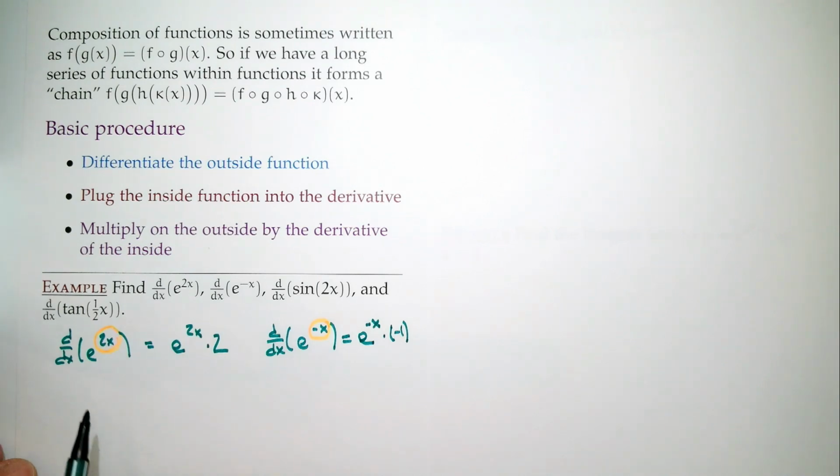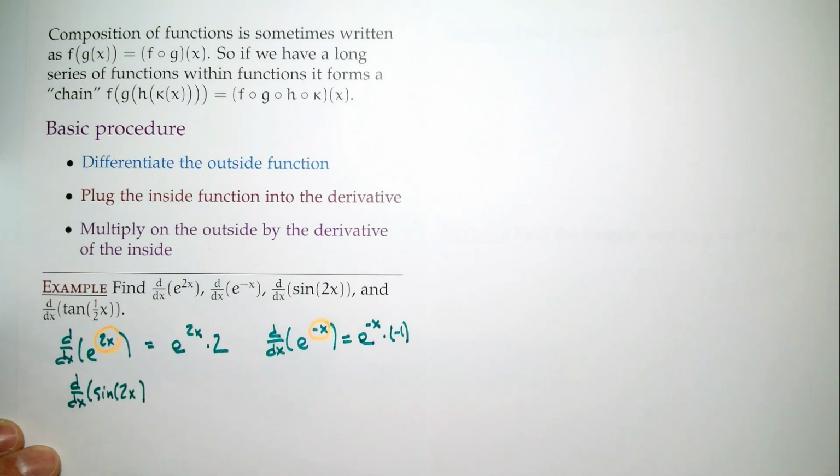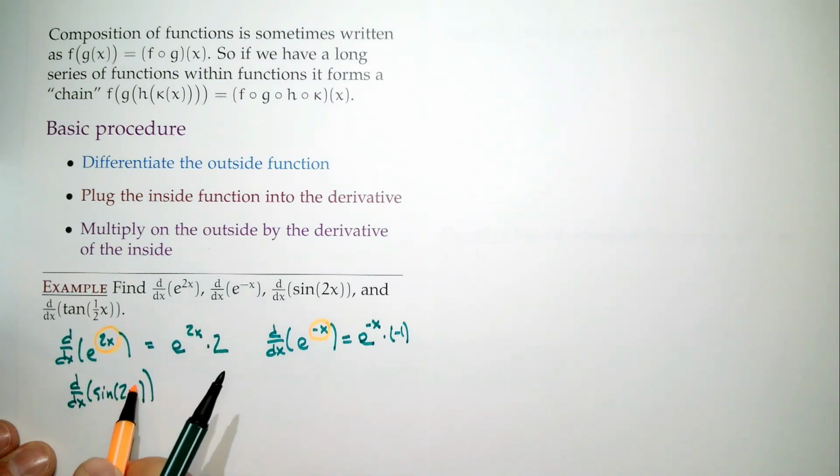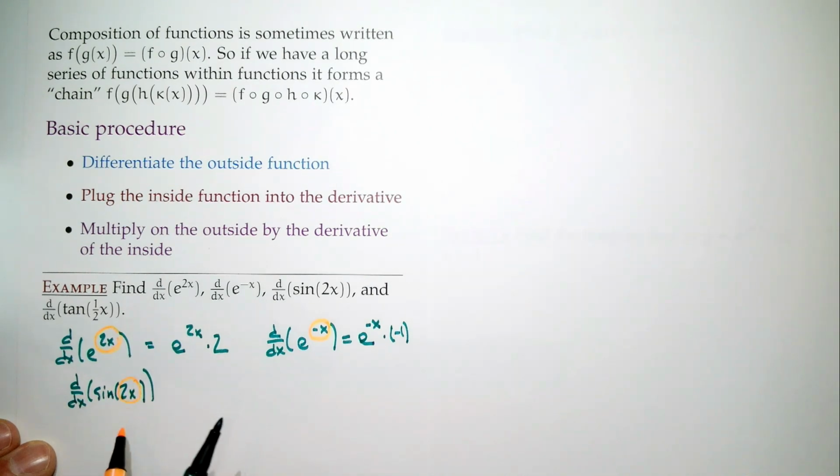Maybe the pattern continues. The derivative of sine of 2x. Now, what's the inside? 2x, that's the inside. You'll notice one of your clues here is parentheses. The outside function is the sine function.